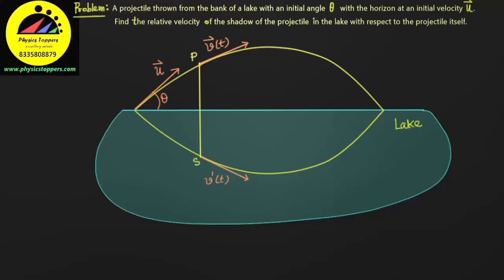So at any time t, let me add a vector field which is exactly opposite to v of t. So this is minus v of t, right? This vector field gets added with the shadow.